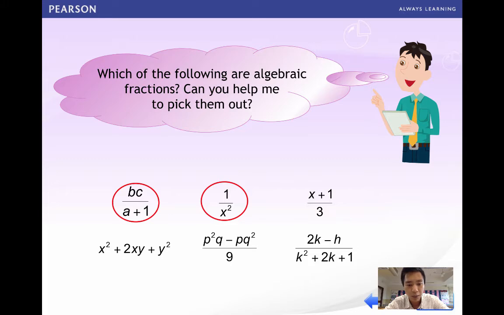How about the next one? p squared q minus pq squared over 9. The denominator is a constant, so it is not an algebraic fraction. So the next one should be this.